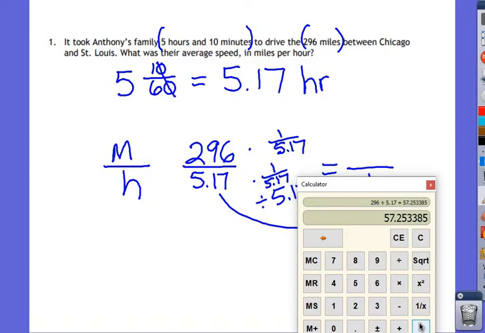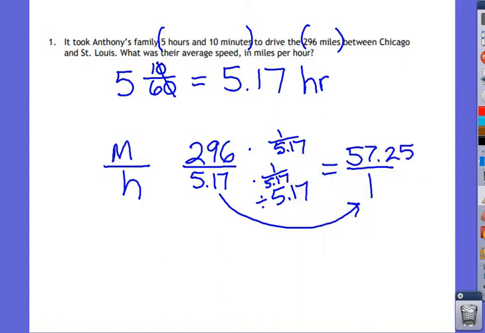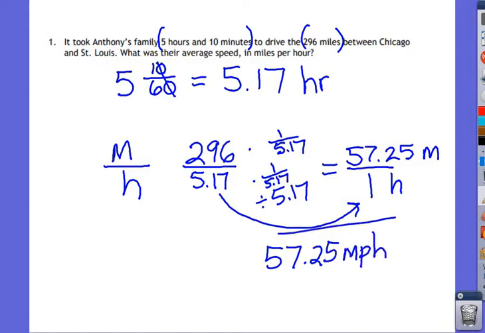So what would that be? 57.25. Okay, this was miles, this was hours. So what was their average speed in miles per hour? 57.25 miles per hour is my answer. That was for number 1.